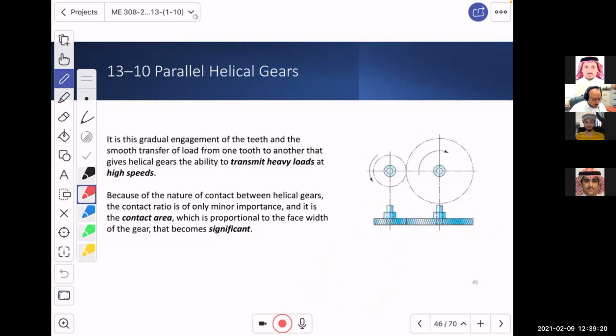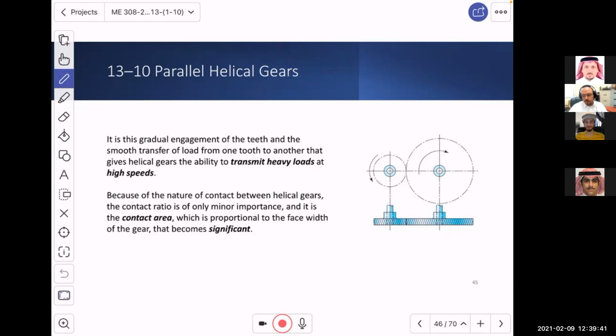So it says here, this gradual engagement of the teeth and the smooth transfer of the load from one tooth to another gives helical gears the ability to transmit heavy load at high speed with minimal noise compared to spur gear.